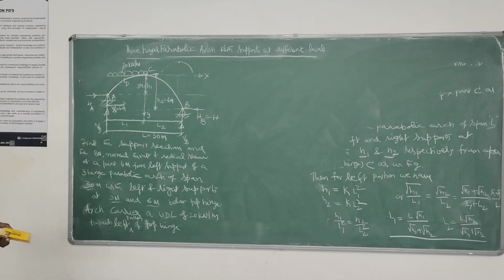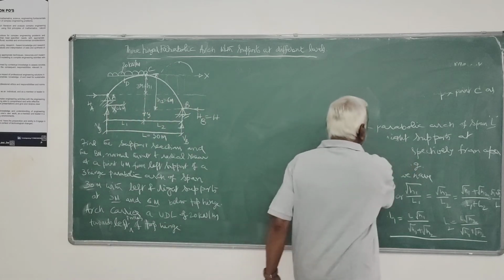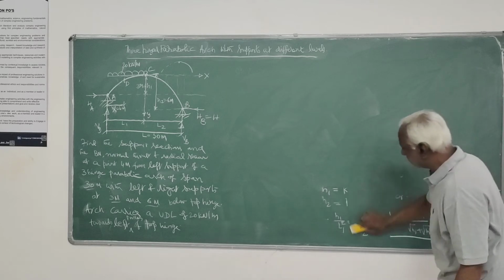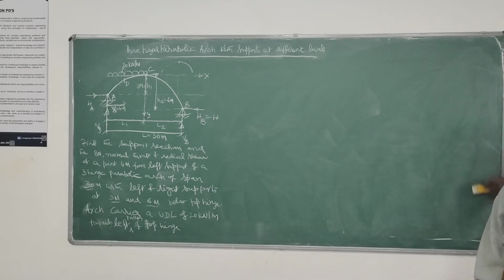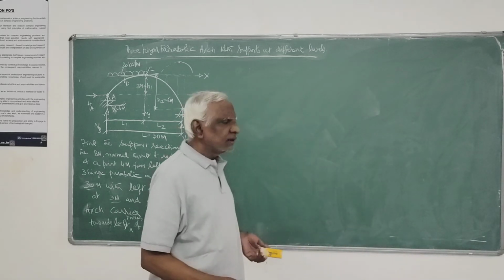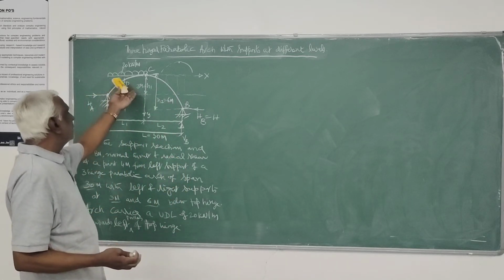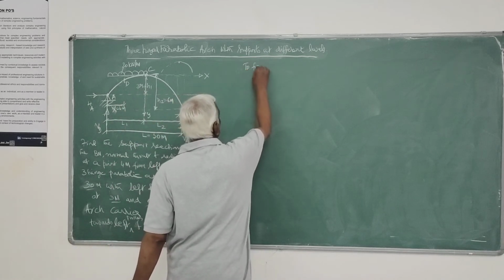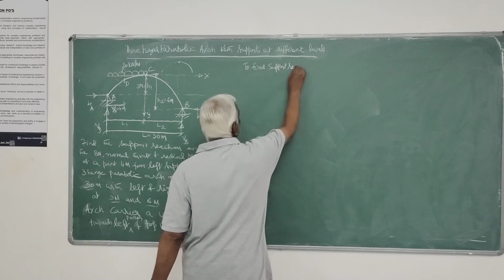That is what this problem includes. As usual, first step, find the support reactions using the 4 equations of equilibrium: sigma H equals 0, sigma V equals 0, moment about one of the supports equals 0, and moment about the top hinge equals 0.